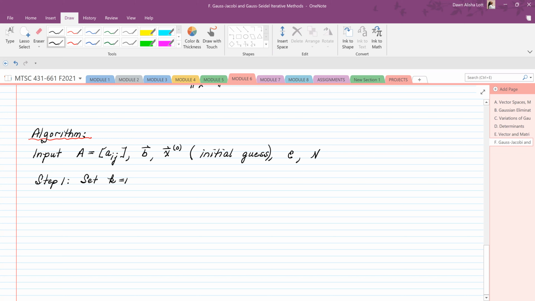Then step 2: for k less than or equal to N, we're going to have step 3.